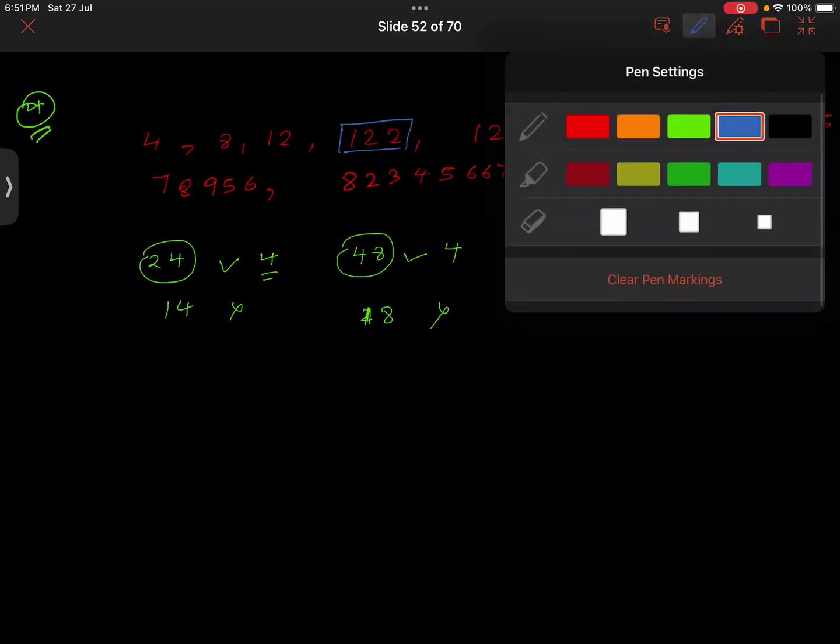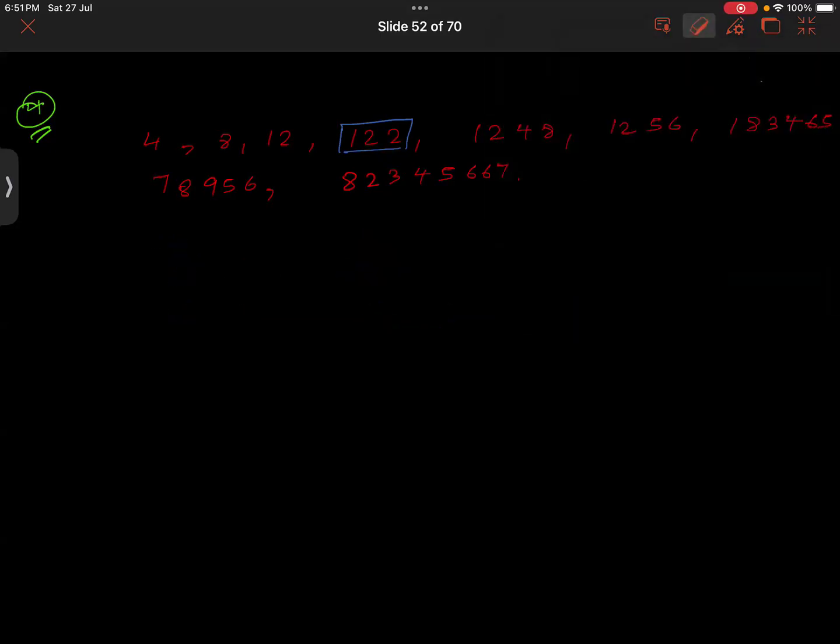So here in the number 122, we added these two numbers, and if the sum of the last two digits gives such a value that it is divisible by 4, then the whole number should be divisible by 4.